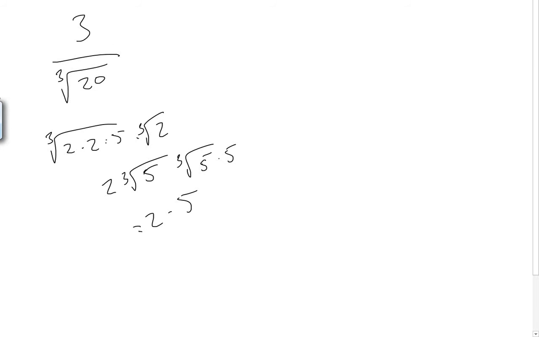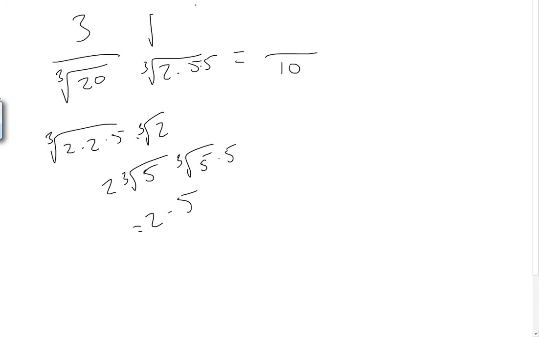So the truth is that if you can factor this all the way down, then you can just ask yourself again, like we were saying with square roots, what's missing? I already have 2 2's. I'm dealing with a cube root, so I need triples in order to bring 1 out. That means that if I give it an extra 2 and 2 more 5s, then on bottom I'll get 2 times 5, which is 10, by the same logic that I just said.